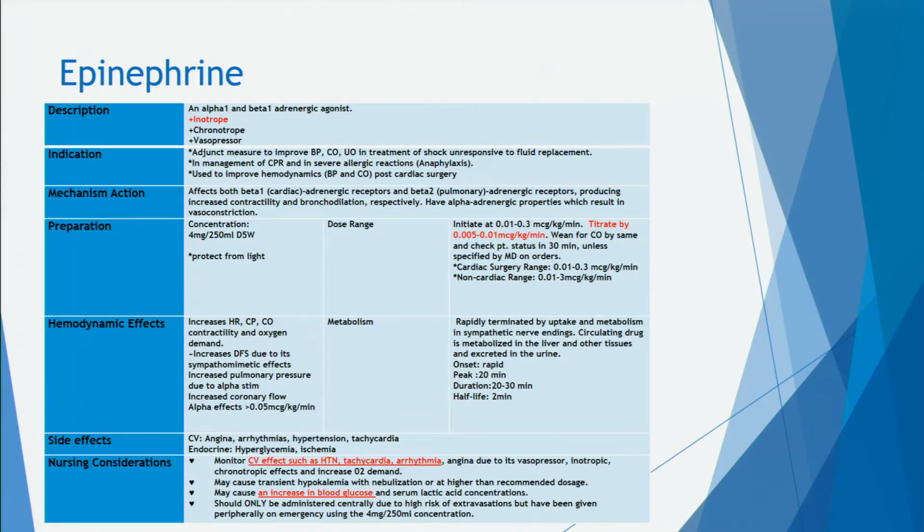And also, what a lot of people don't realize is it can cause increases in their blood sugar. So if they do come out on an epinephrine drip, that may be something you want to start checking, especially if they have a history of diabetes. In the ICU, any patient on epi is almost always on an insulin drip if it's a long-term thing and we're not coming off of it. So I would probably do hourly blood sugars with this also.